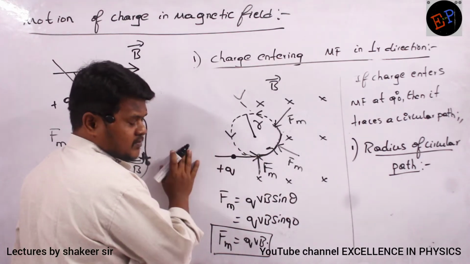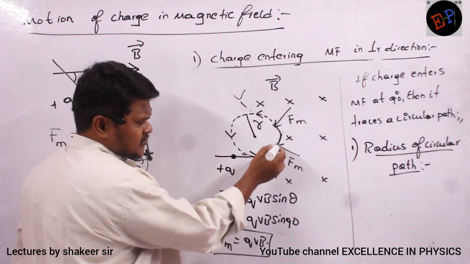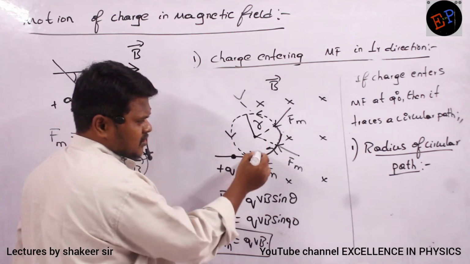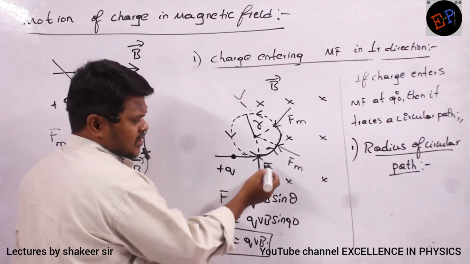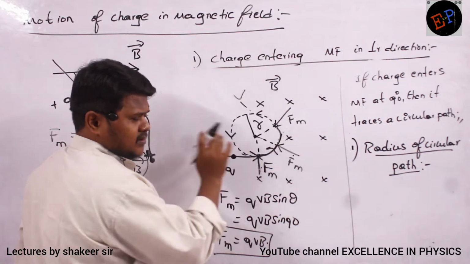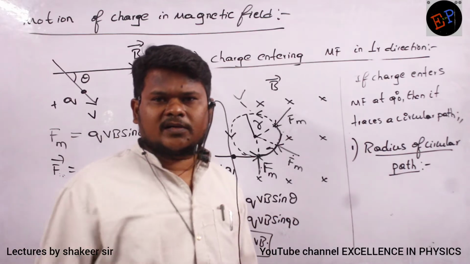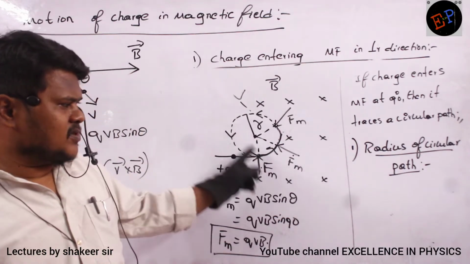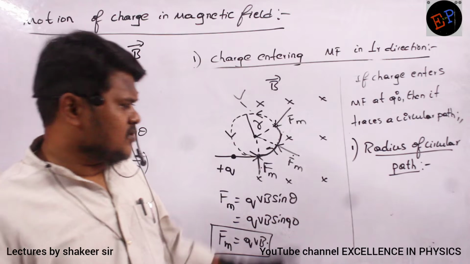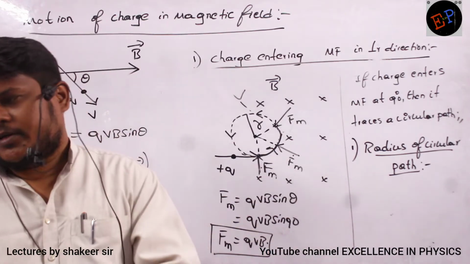Fm is providing. Centripetal force direction should be towards the center only, always towards the center of the circle. And Fm is definitely directed towards the center of the circle.